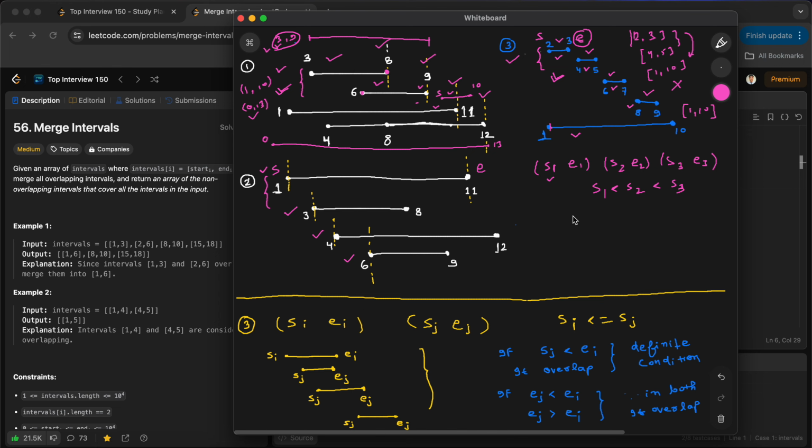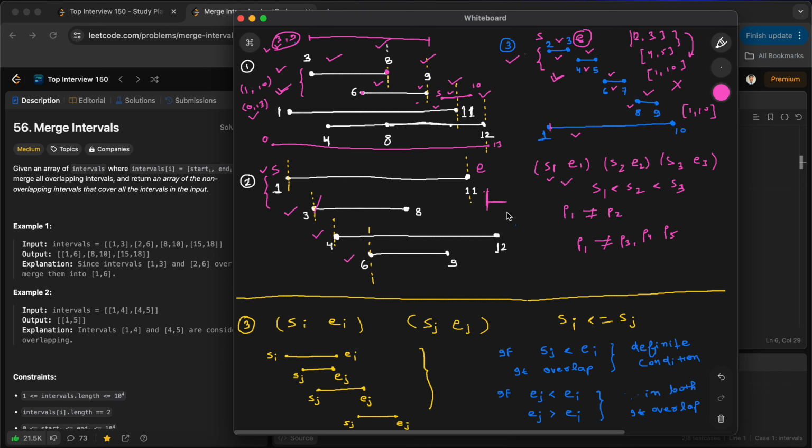So if p1 does not overlap p2, then we can say that p1 will not overlap the further points like p3, p4, p5, because when it will not overlap, in that case the start point will come somewhere from here, right?